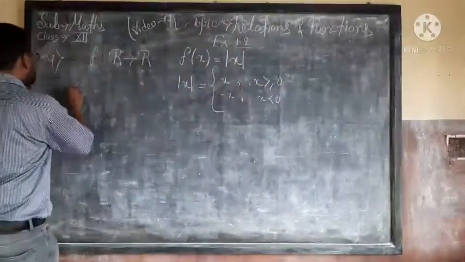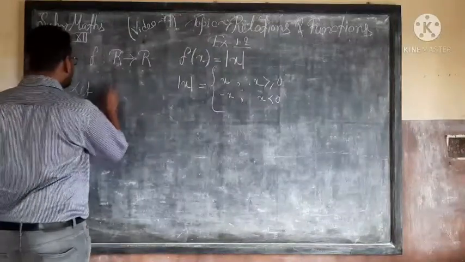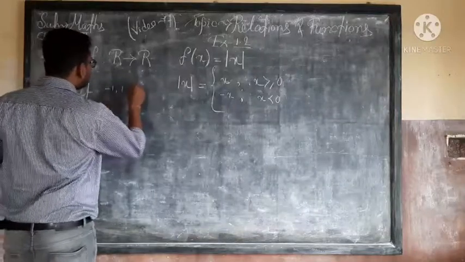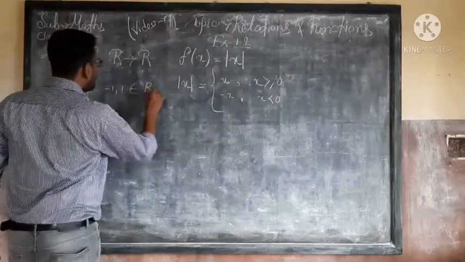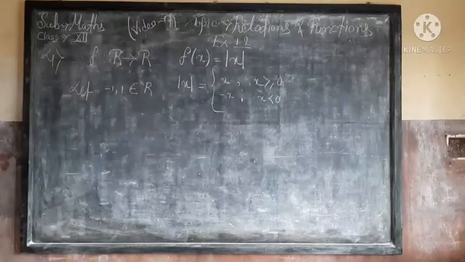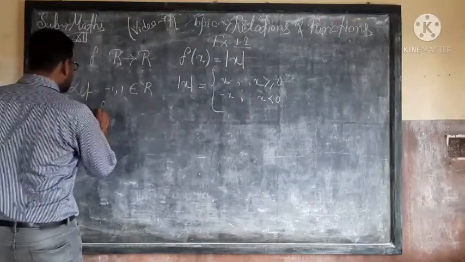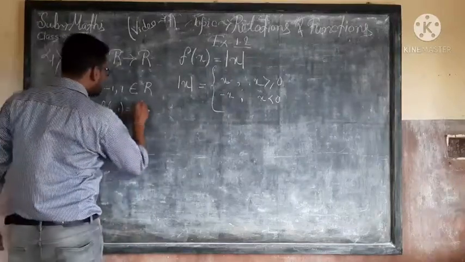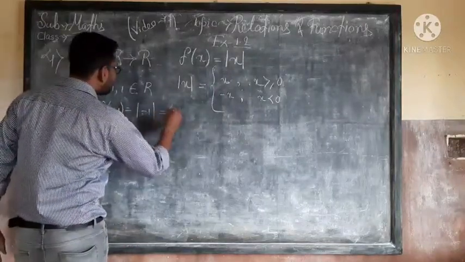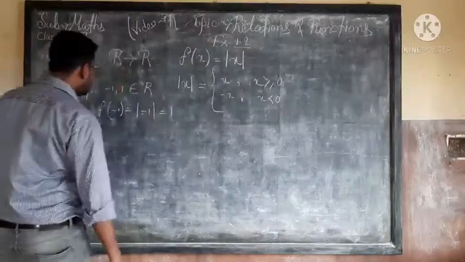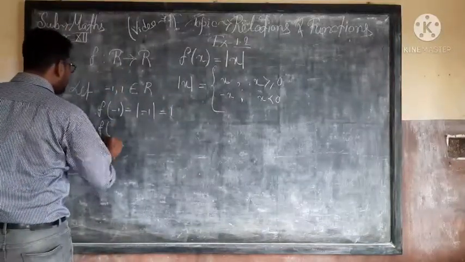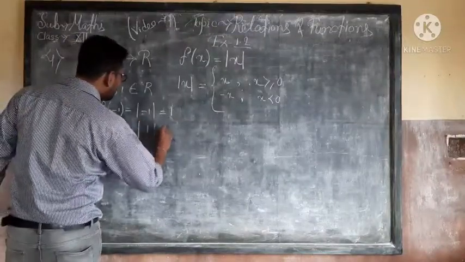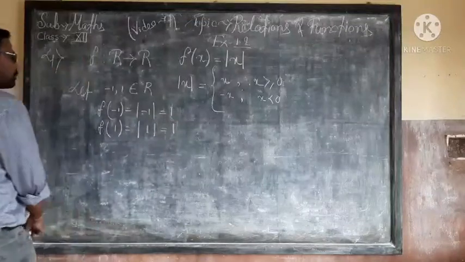So let minus 1 and 1 belong to R, and R is the domain of this function. If you put minus 1 in place of x, then mod of minus 1 produces 1, and if you put x equal to 1, the mod of 1 is also 1.